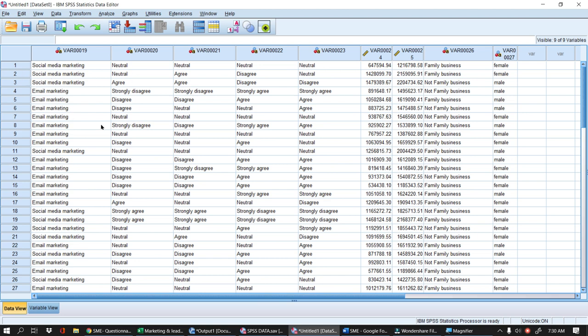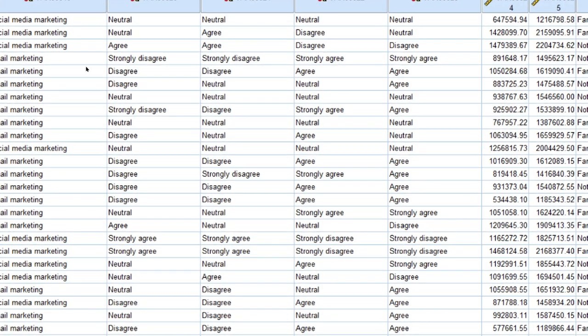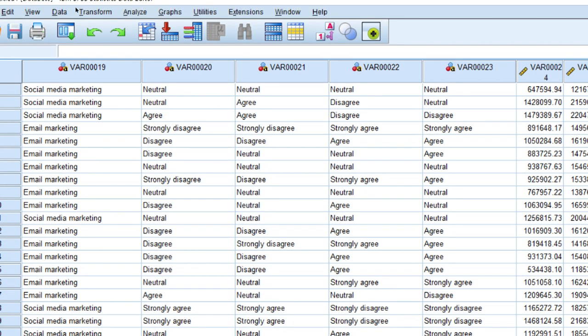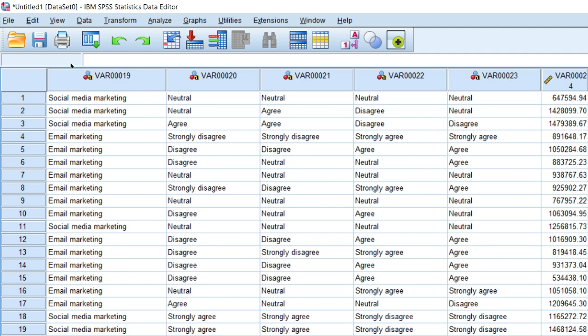So at first glance, it appears that there is no problem with the data. Let me zoom in. I'm going to show you a telltale sign that your data is not going to be analyzed properly on SPSS.